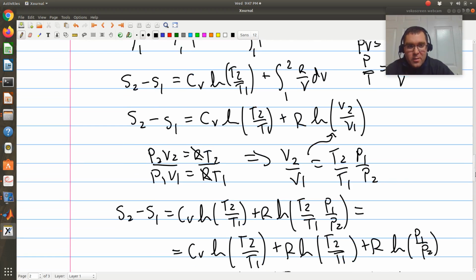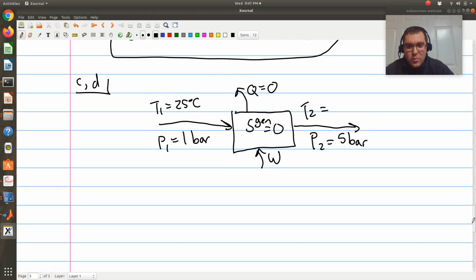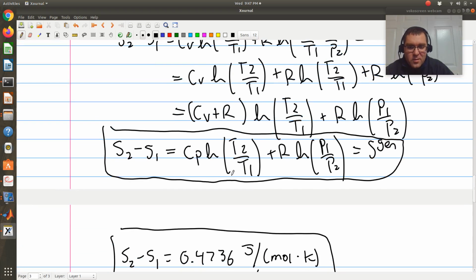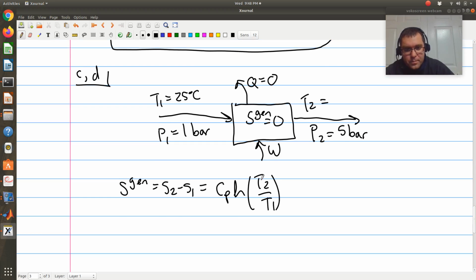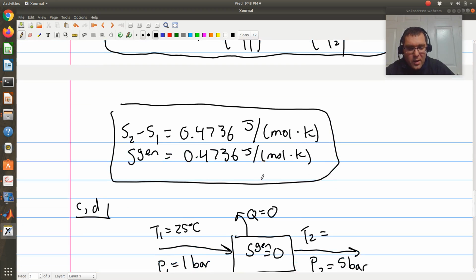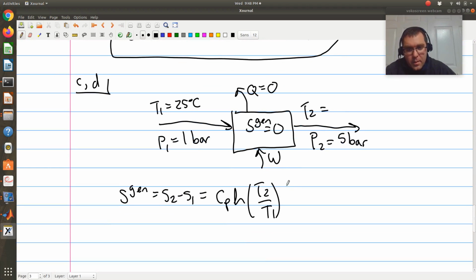So S gen was equal to S2 minus S1, which for an ideal gas was equal to Cp log T2 over T1 plus R log P1 over P2.